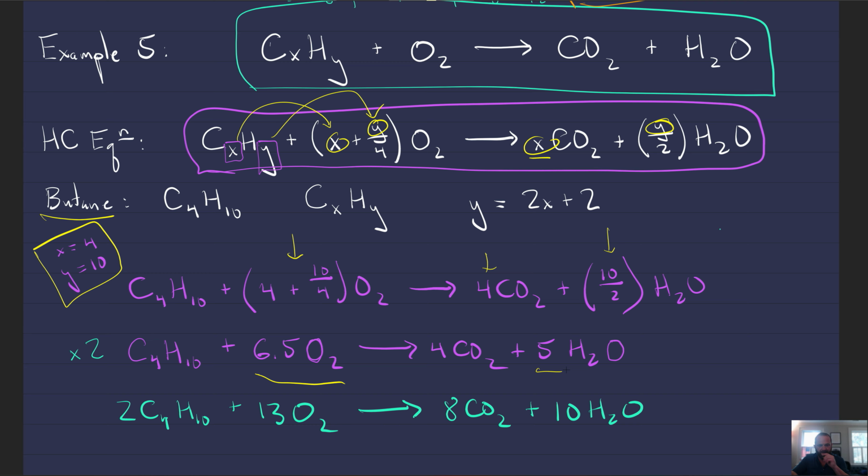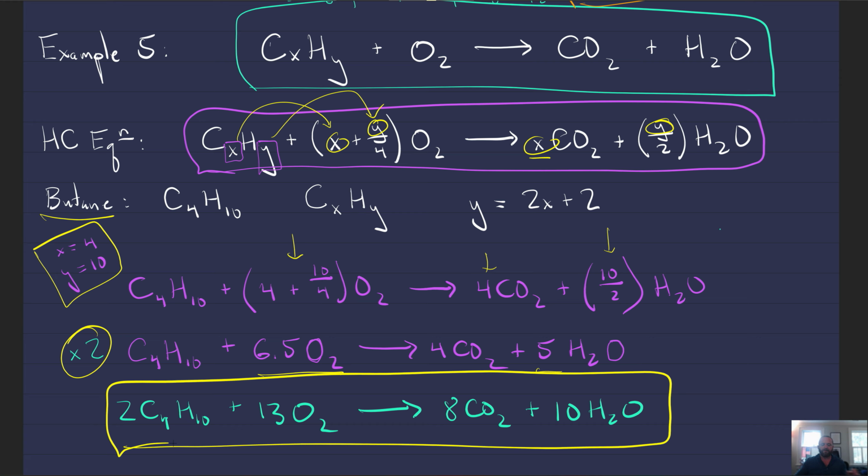And what happens is we get this equation right here, and of course we can't have half integers in our final balanced equation, so we multiply it by 2 and we get this balanced equation reasonably quickly for butane. That's it. That's all I have for you, at least today, on balanced equations.